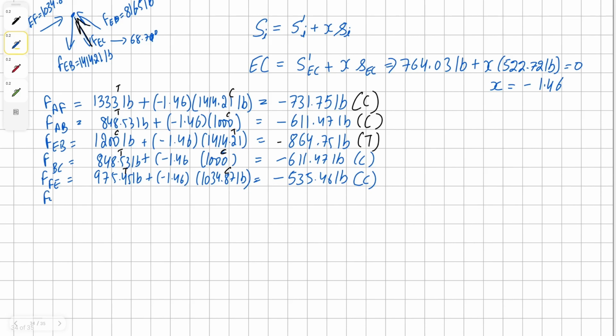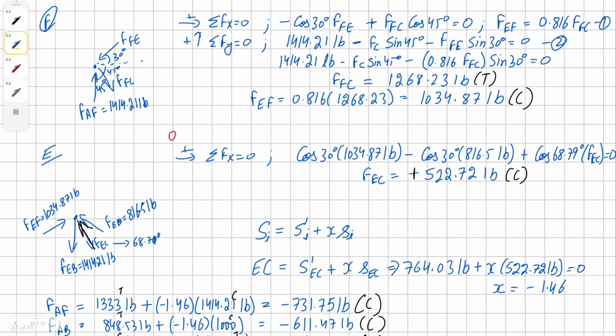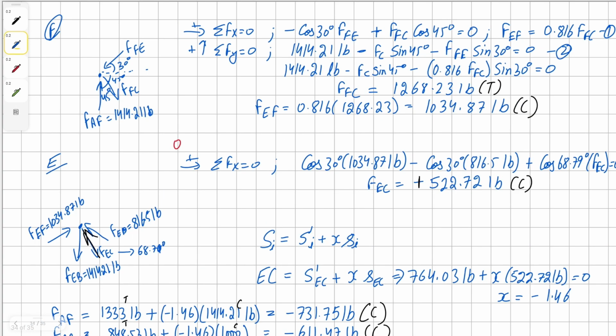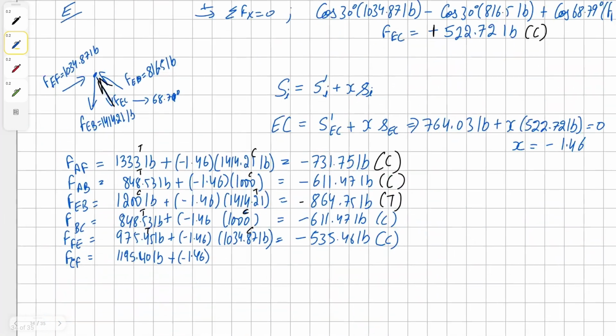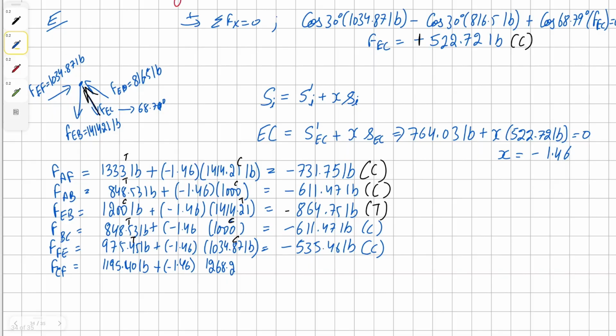Now we have force member CF. S prime CF is 1195.40 and petite FC is 1268.23 pounds in tension.